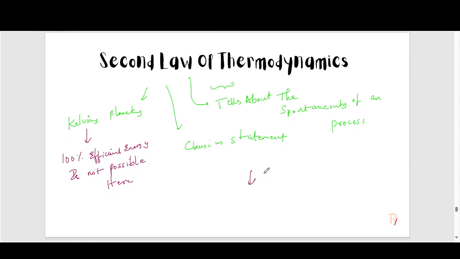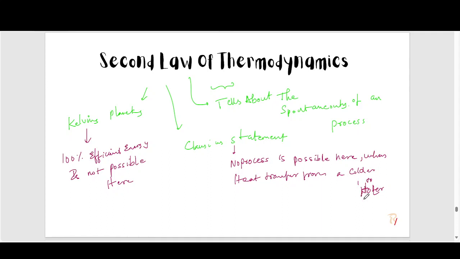According to Clausius statement, he states that no process is possible here when heat transfers from a colder to a hot object, according to Clausius and Kelvin Planck's.